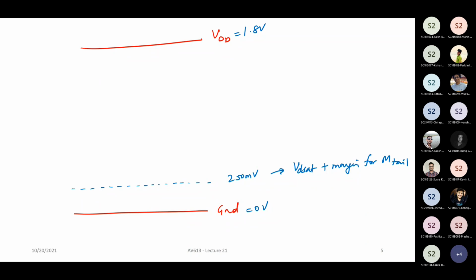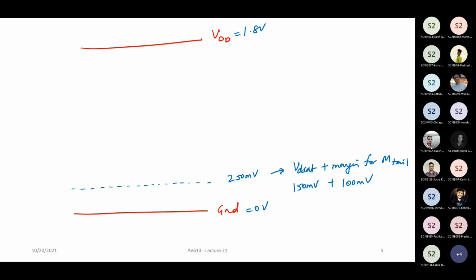Nobody puts it at the edge of saturation. So if the VD sat is 150 millivolt, you give a 100 millivolt margin, and you take 250 millivolt to be the voltage across your tail current source.